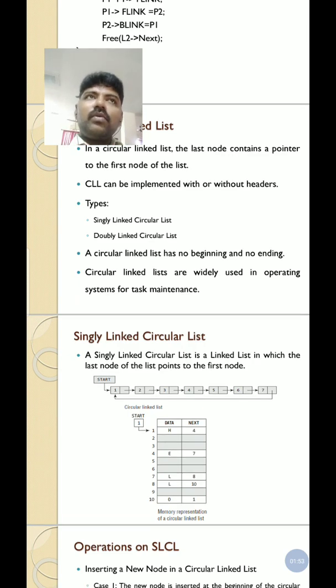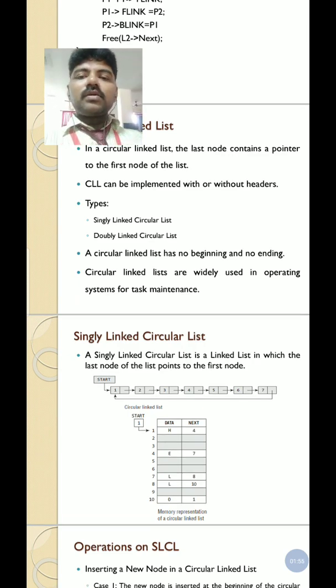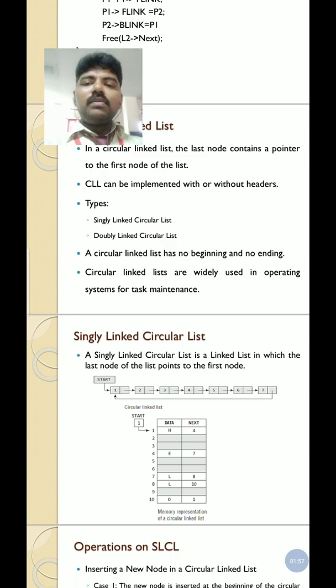We already discussed singly linked lists and doubly linked lists. The same thing will be followed, but we are going to apply the circular concept, and there is a difference between them.